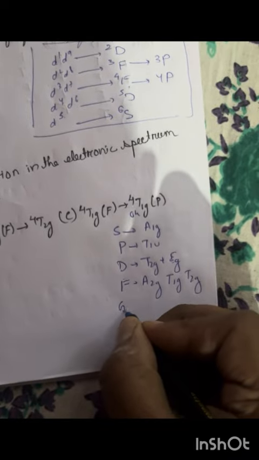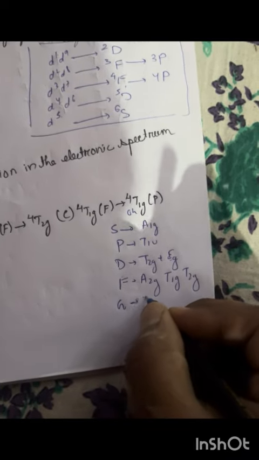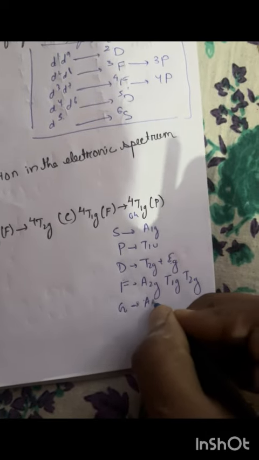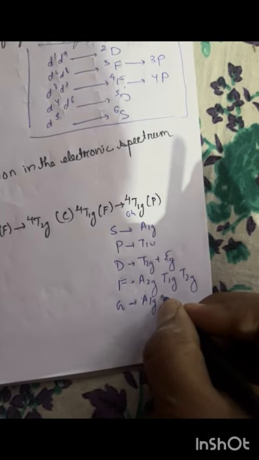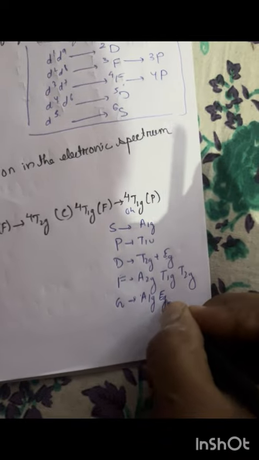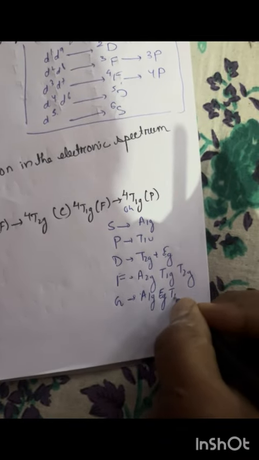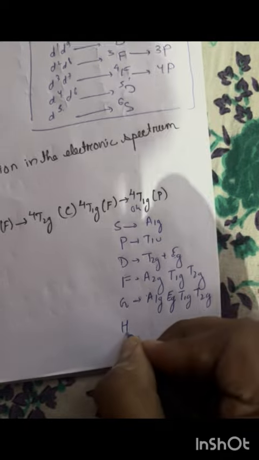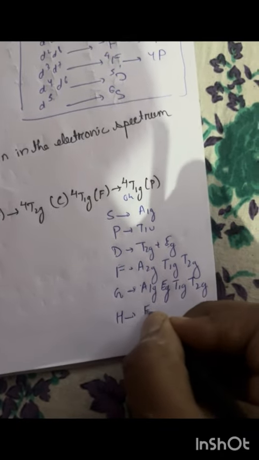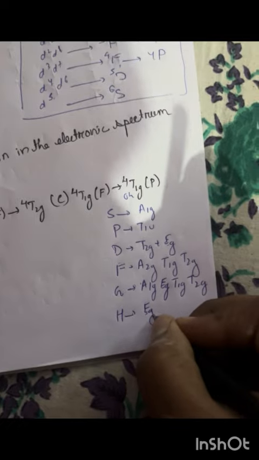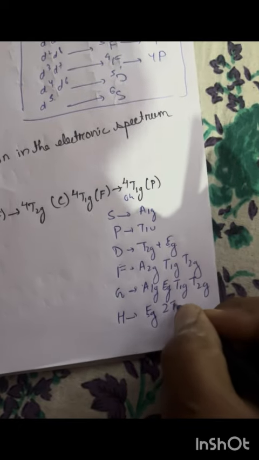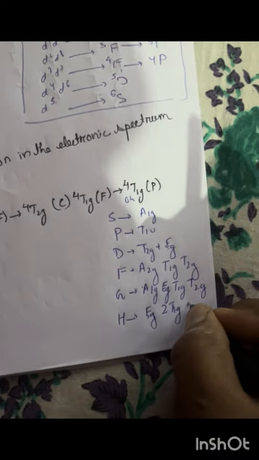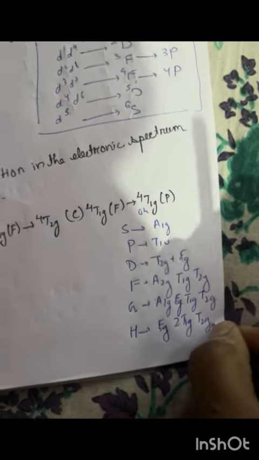Then G: for G it is A1g, Eg, T1g, T2g. For H the transitions are Eg, T1g, and T2g, right?